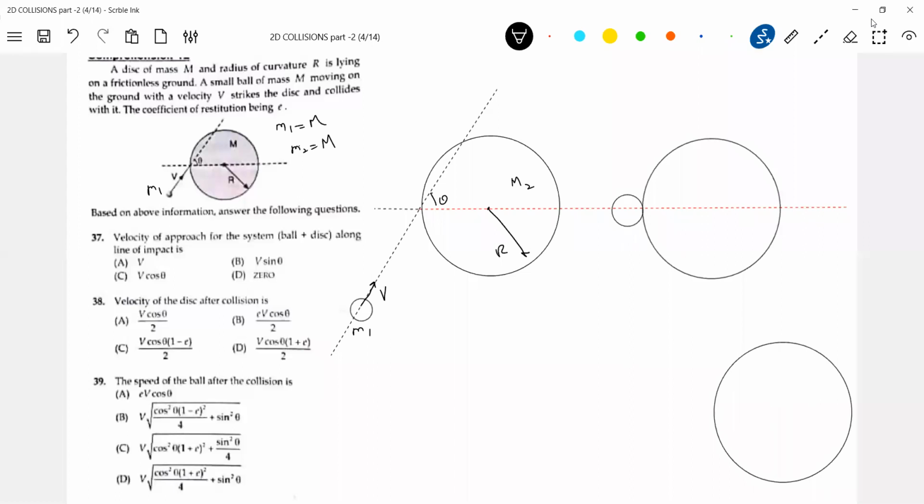Keeping that in mind, we can predict in what possible direction it can move. Let me make a guess of this: what can possibly happen after collision?